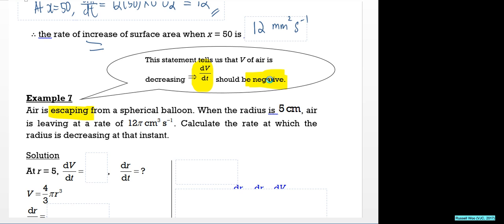So we write down what we know. At r equals 5, dV/dt is negative 12 pi. Negative, because it's escaping. Does it make sense? Now you want to find out what is the rate at which the radius is decreasing. You actually want to find out what is this. Yes?